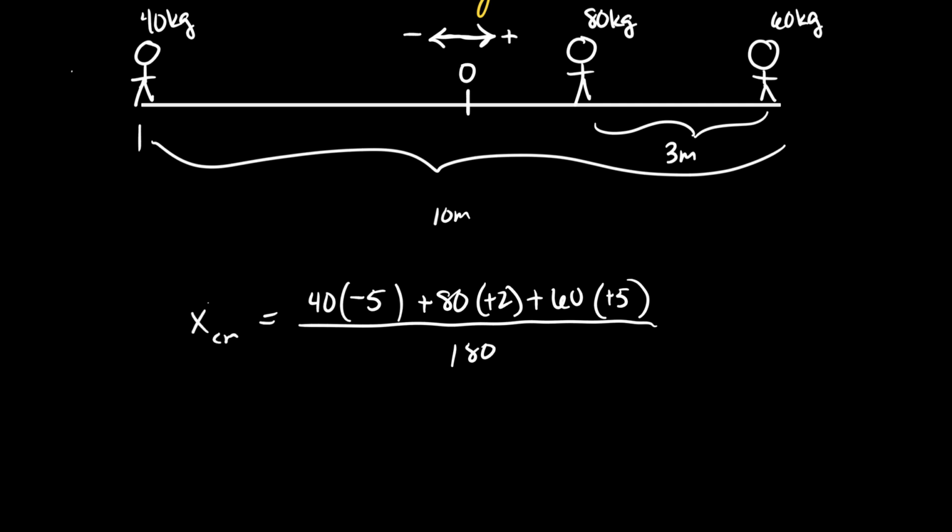Location of the center of mass is a vector. I tried to explain this in the last class, and I'm not sure I did a great job. So for just a moment, I want to put in placeholder values.